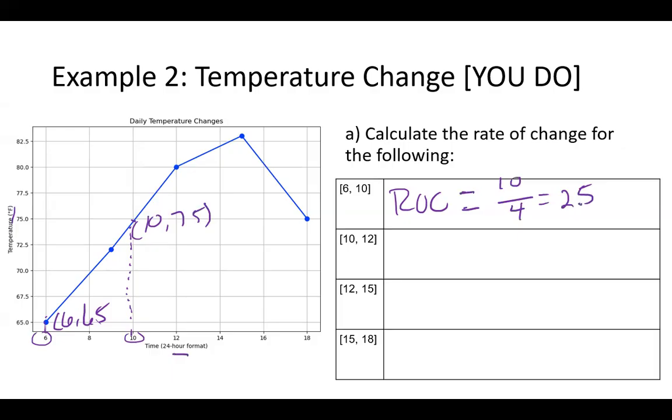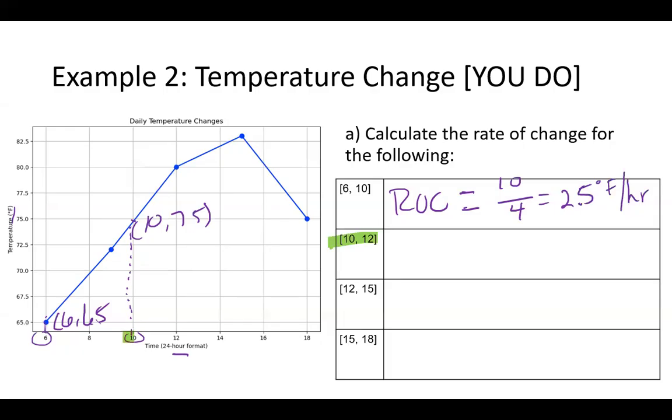So it's 2.5 degrees Fahrenheit per hour is what I'm increasing by. And I know it's an increase because it is positive, right? And it's going up.